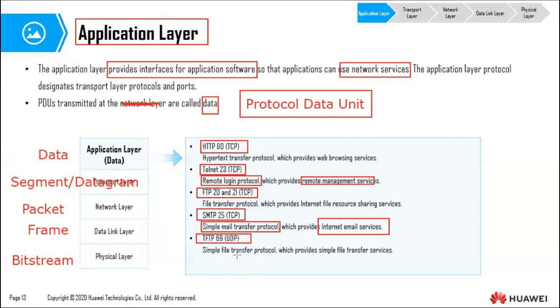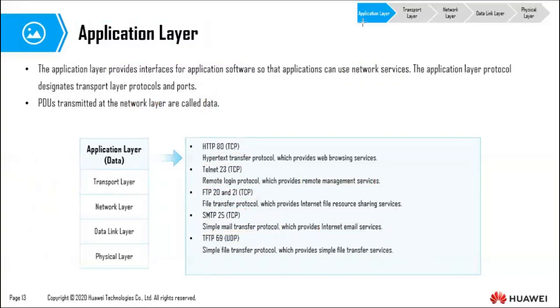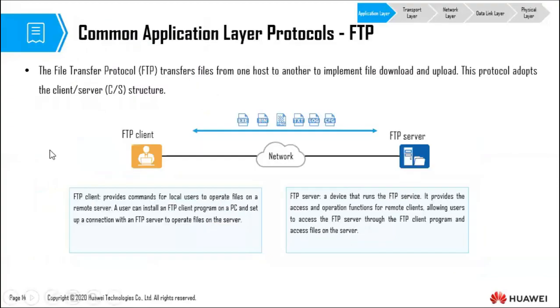So it will be a little bit faster, but not very reliable. It provides simple file transfer services. Each one has its own advantages and disadvantages, which we're going to look at later. Actually, it's not even later, it's now.